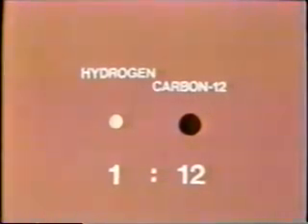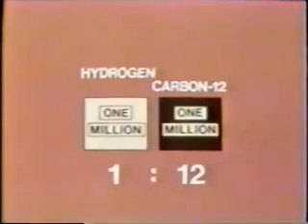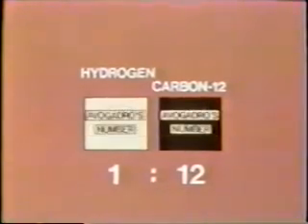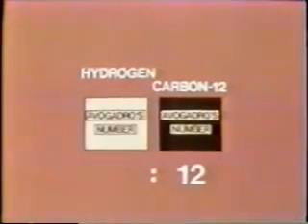This mass ratio is the same whether we compare single atoms or groups of 4 or even 1,000,000. The ratio is the same if we compare any equal number of atoms, including Avogadro's number of atoms. So, Avogadro's number of carbon atoms has 12 times the mass of Avogadro's number of hydrogen atoms.